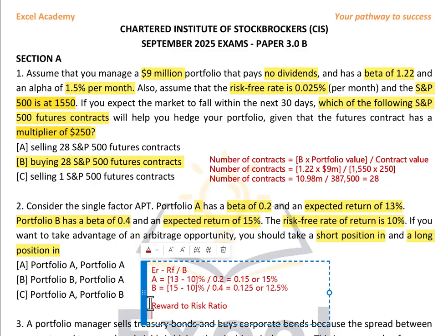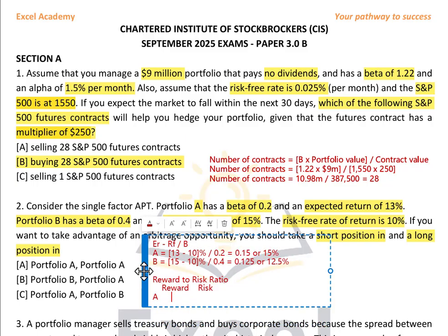For A, the reward is the expected return of 13%, then the risk is what we've calculated, which is 15%.